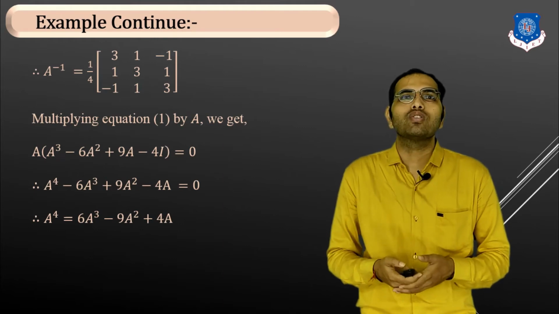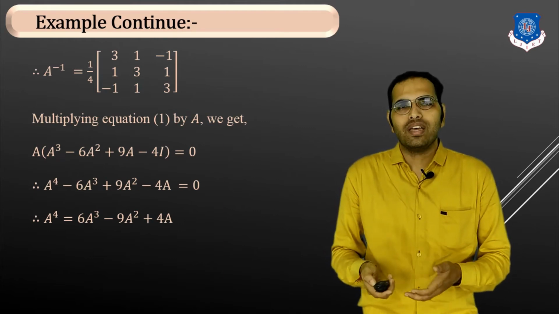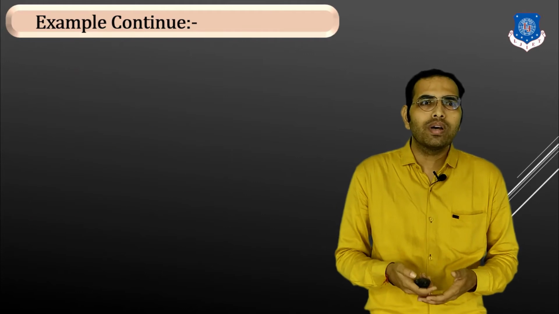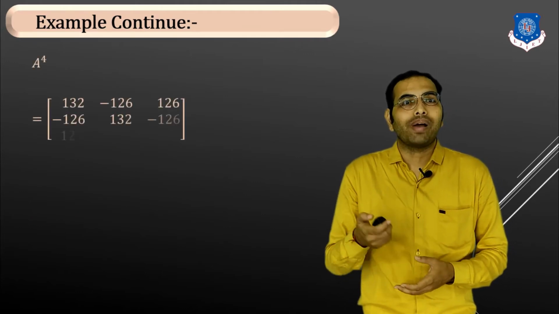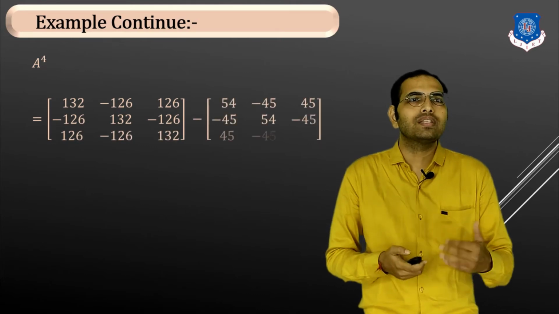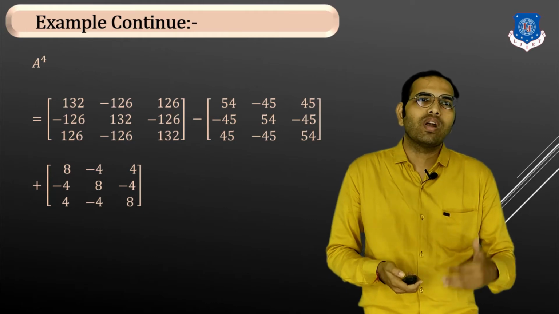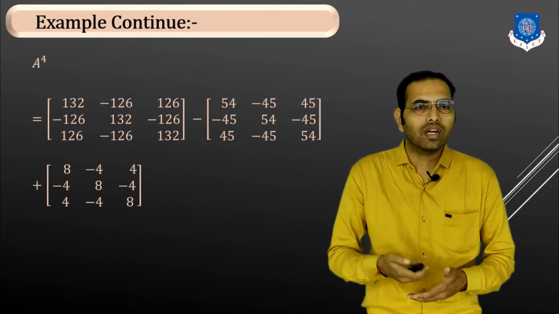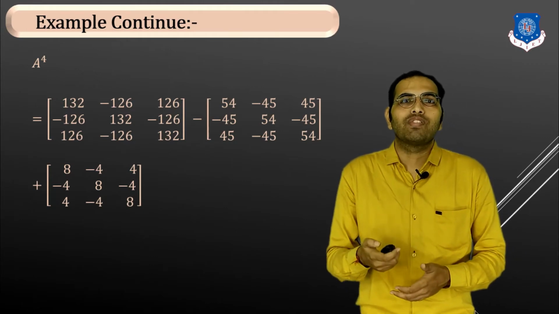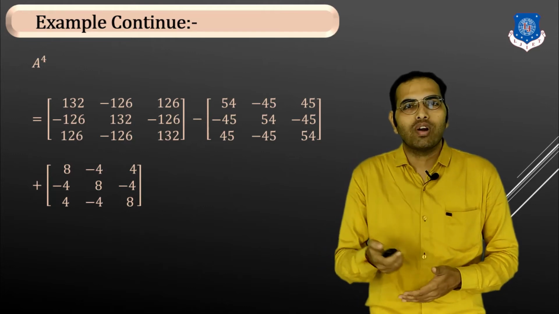Here we have the values of A cube, A square and A. Substituting these values, that will give you 132, minus 126, 126. In the second row, minus 126, 132, minus 126. In the third row, 126, minus 126, 132; minus 54, minus 45, 45.